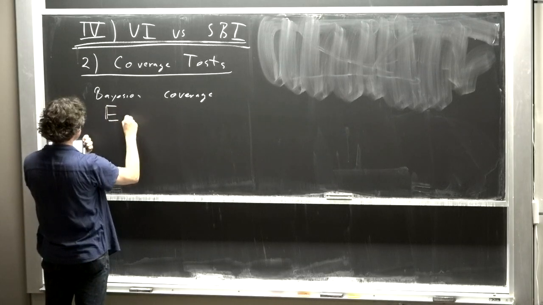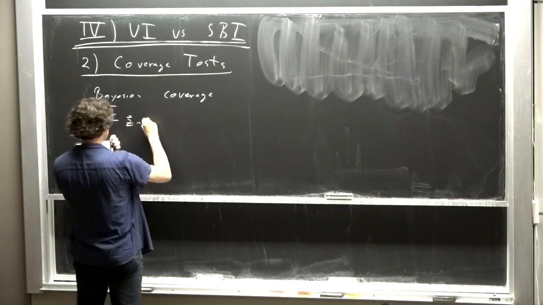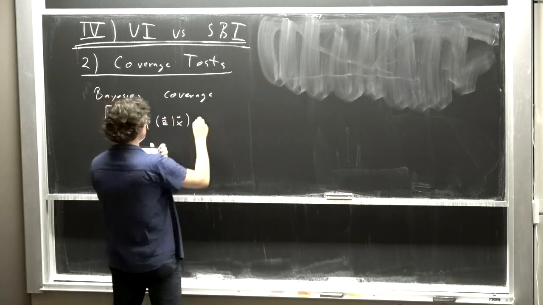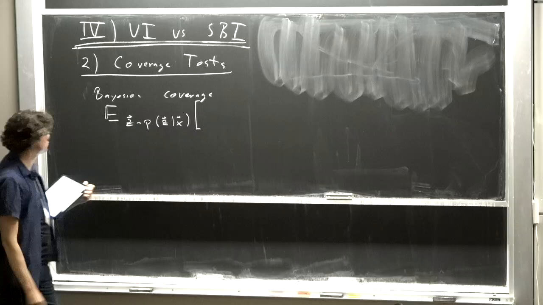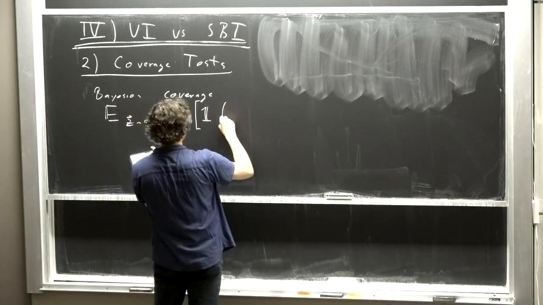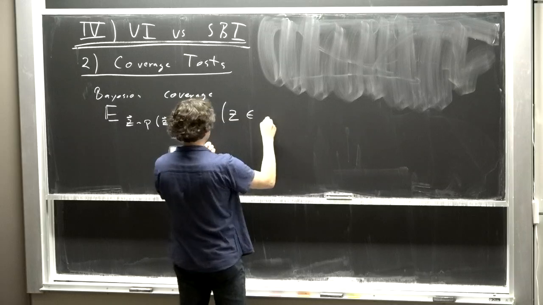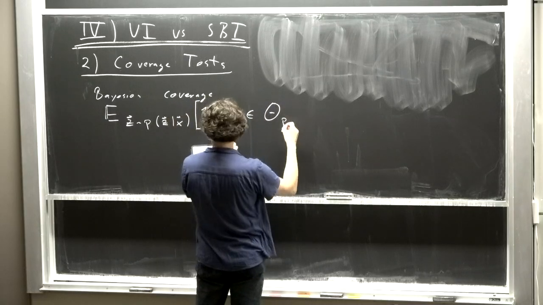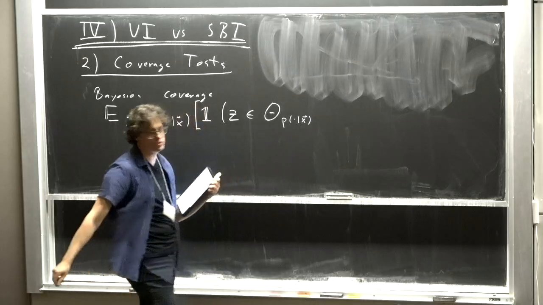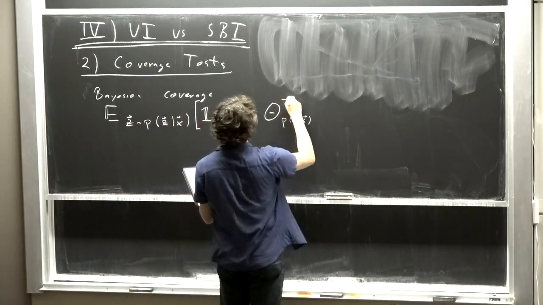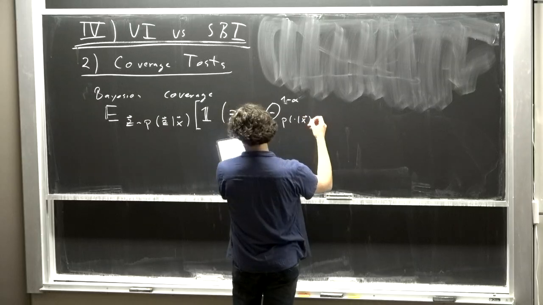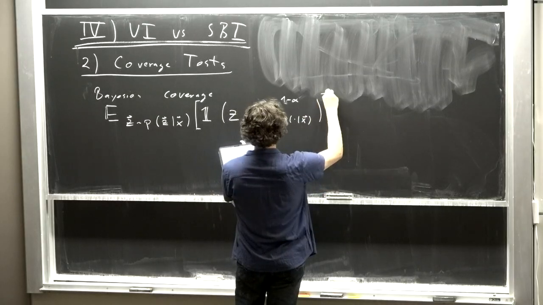So the basic idea is a property that you actually would expect for any credible interval that you build. And I think I brought this up in the very first lecture. So the idea is, if we estimate some posterior in whatever way, and then for a specific observation x, we say it's a 1 minus alpha credible region that we base on it.